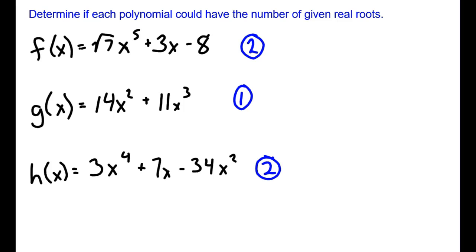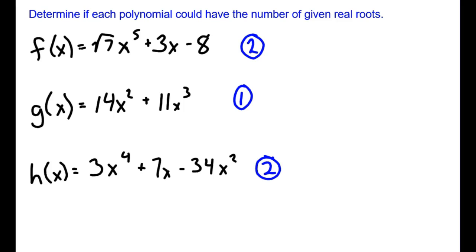In this last example, we want to determine if each polynomial could have the number of given real roots. First we have f of x equals radical 7 x to the 5th plus 3x minus 8. We know there's going to be 5 total roots. Is it possible for there to be exactly 2 real roots?